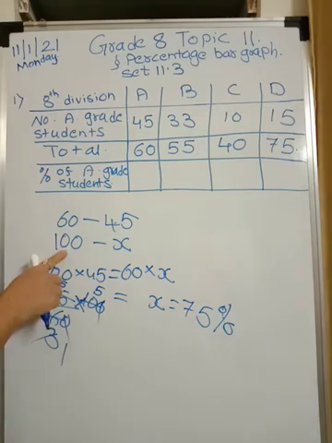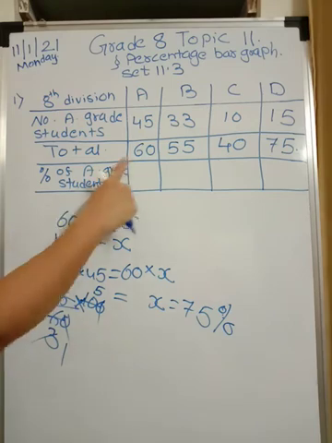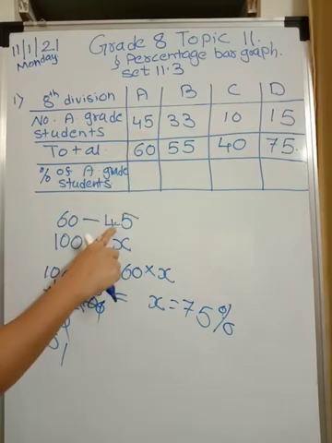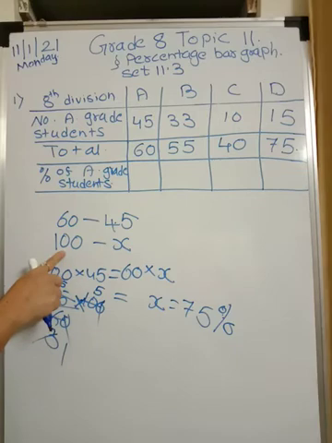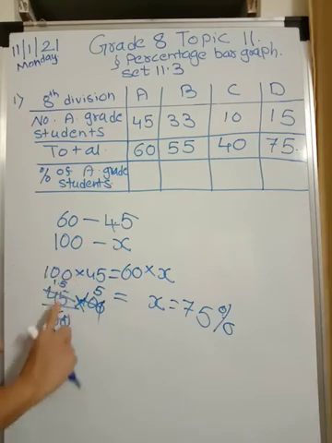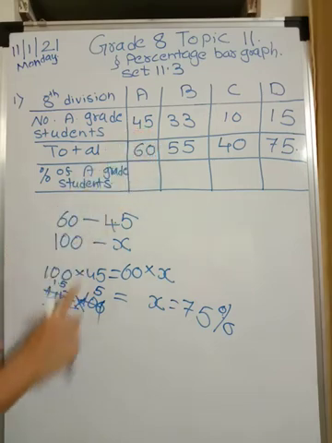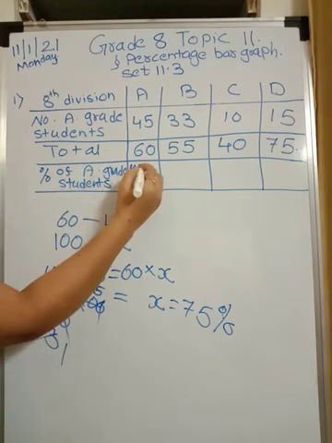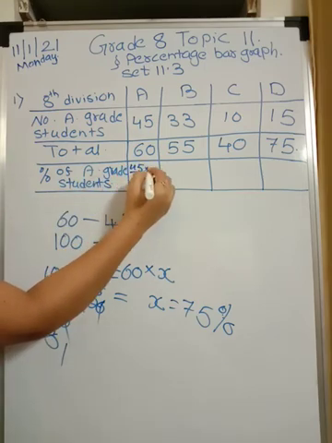If you are finding something out of 100, it is nothing but percentage. How to find? Out of 60, 45 have got A grade. So out of 100, how many will get A grade? So you have to cross multiply. In short, you write this ratio. See, at the end we get 45 upon 60 and multiply this by 100. So this will be 45 upon 60 into 100.